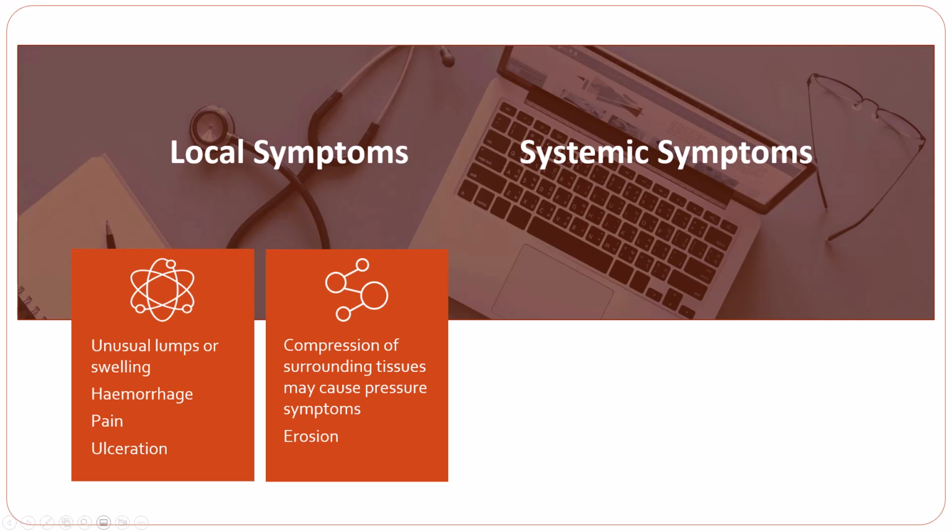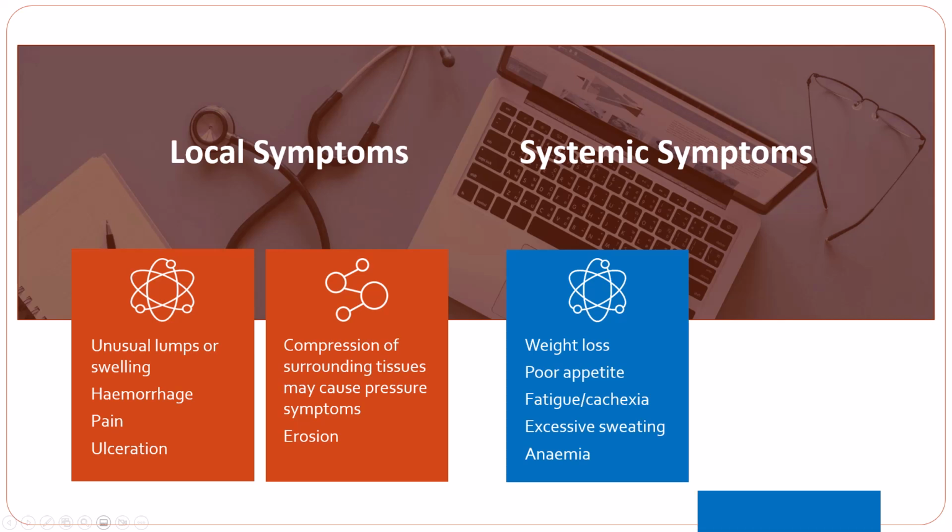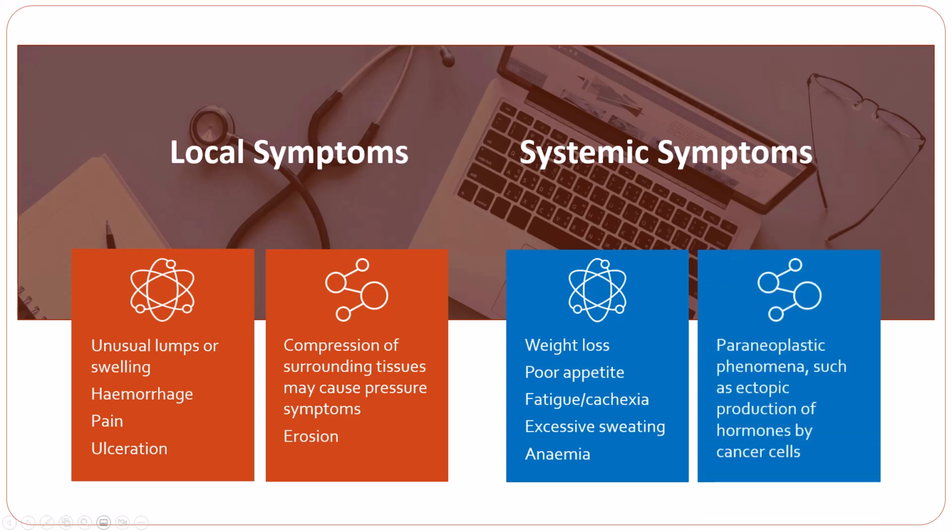What about systemic symptoms? These could be weight loss, poor appetite, fatigue, cachexia, excessive sweating, and anemia. Some tumors can produce hormones which could cause paraneoplastic phenomena. For example, lung cancer cells can produce antidiuretic hormone.